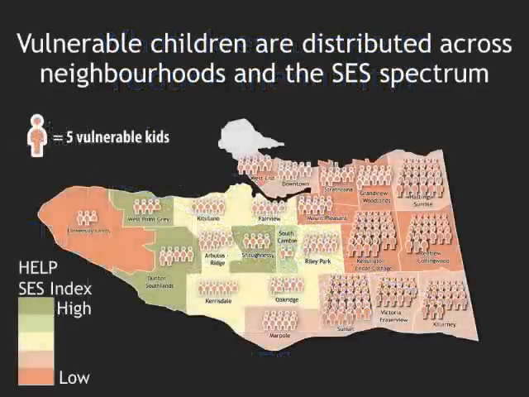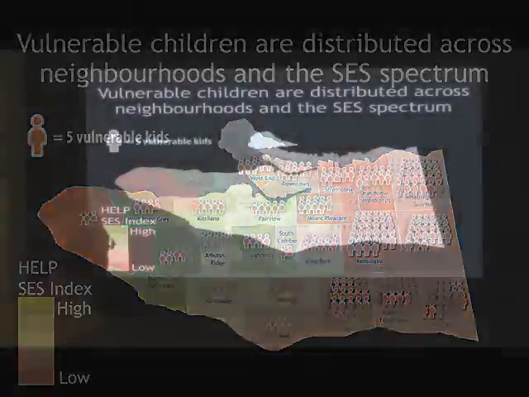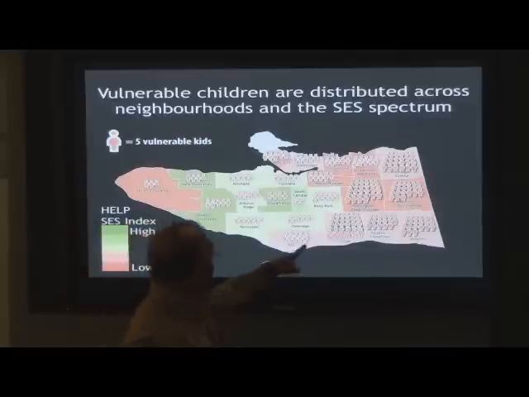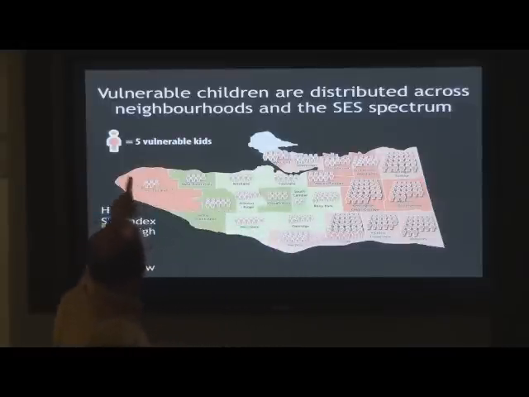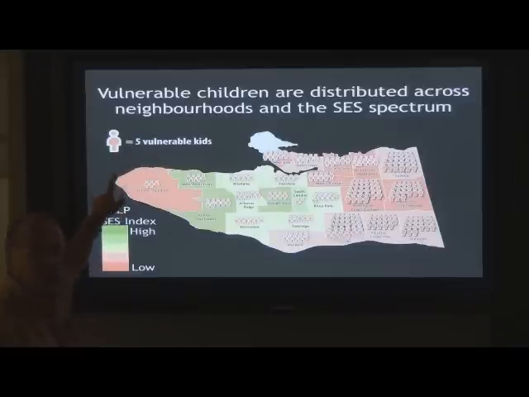So, let's look at Vancouver. Here's Vancouver divided into its 23 neighborhoods, and the socioeconomic status of the neighborhoods are shown from green to red here. And so you can see the relatively wealthy neighborhoods and the lower socioeconomic neighborhoods. In each of the neighborhoods, there are these little homunculi, and each one represents numerically 5 vulnerable kids off of a wave of EDI.